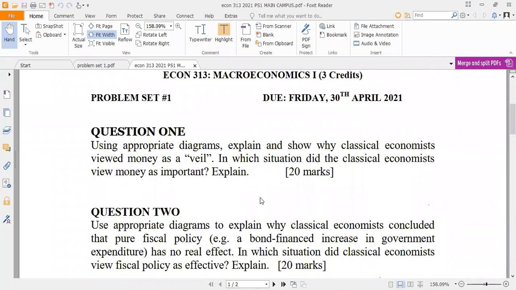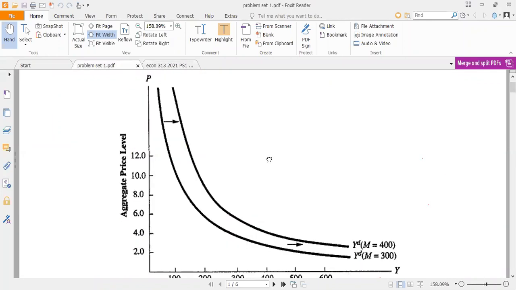For the first part, we had to just show why they saw money to be a veil. At times this is how they ask the question, or they stated that there's no effect of monetary policy. What you need to know is that these are the diagrams that you have to draw. First, when you increase money supply, what happens to the aggregate demand curve?